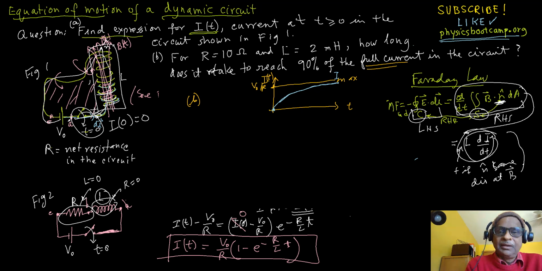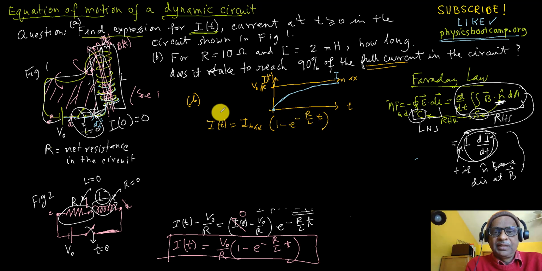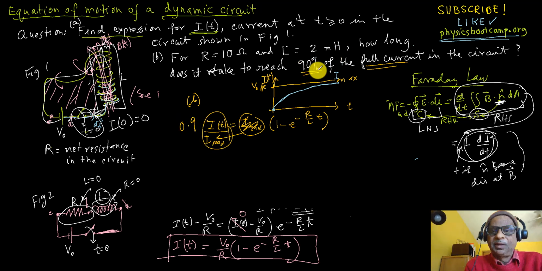Okay. So just like before, I can write I of t equals I max times 1 minus e to the minus R over L t. And the question is 90%, so when I bring it over here, this is 0.9 for 90%.